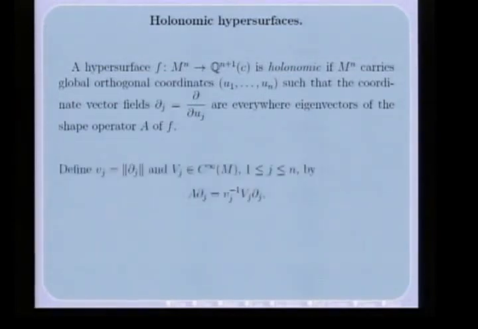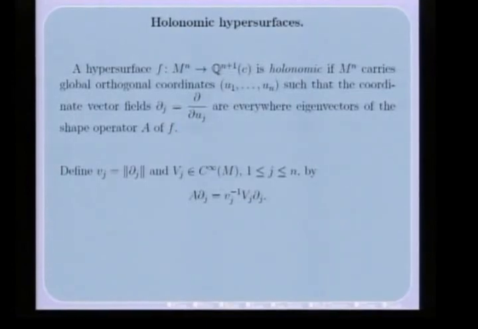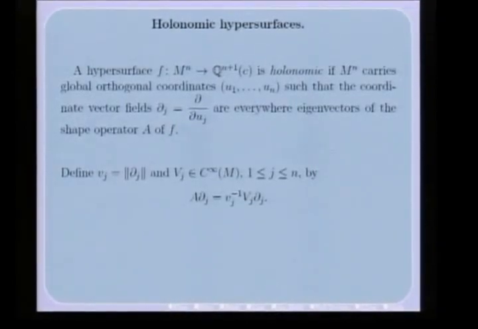Any surface is holonomic, of course, but this is a strong restriction in higher dimensions. It's in fact equivalent to requiring that for each eigendistribution of the hypersurface, its orthogonal complement be integrable as a distribution.